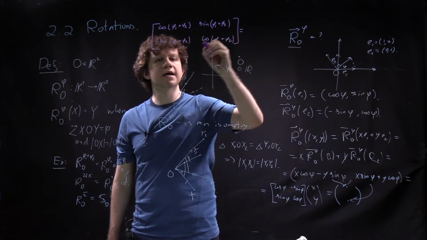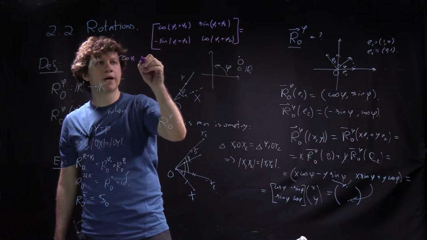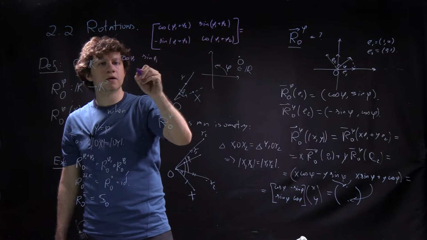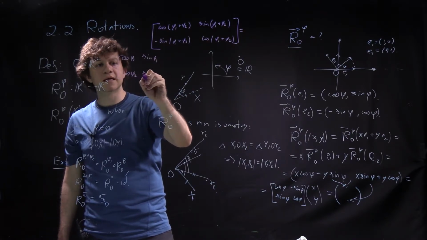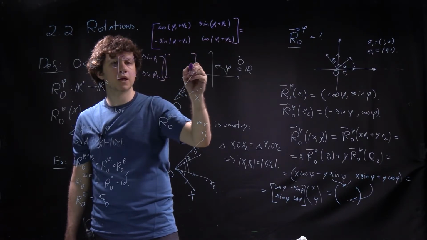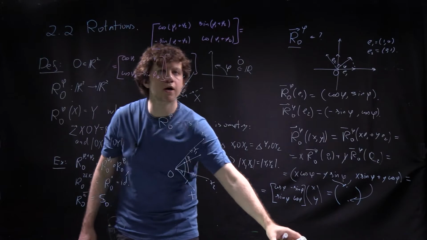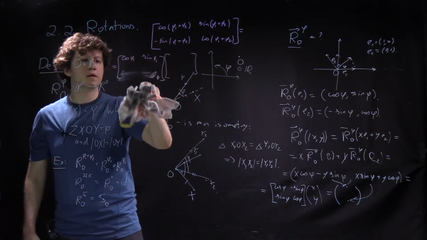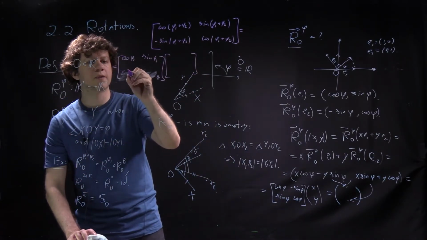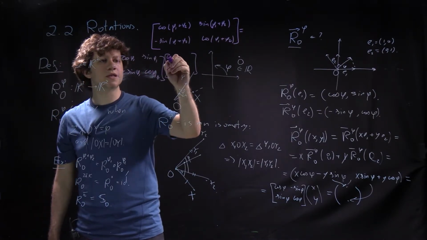So that's the same as the matrix where I take cosine phi1, sine phi1, minus sine phi1, cosine phi1, times the same matrix with phi2.